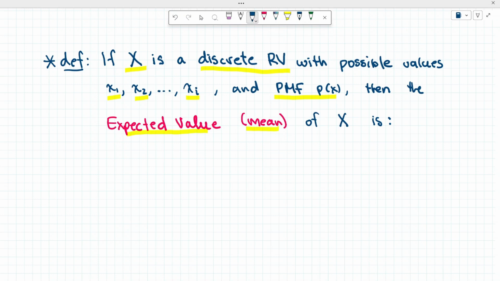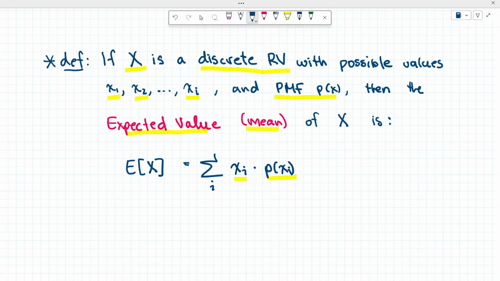The expected value is written as E of x, and it is given as the sum over all values of i of xi multiplied by p of xi. So we're taking that specific value, xi, and we're multiplying it with the value of the probability mass function at that specific point.